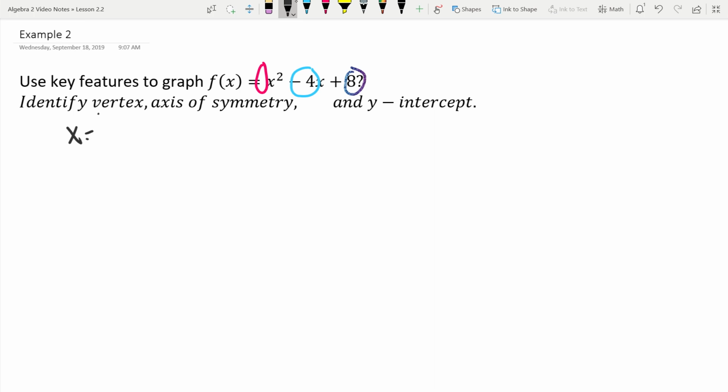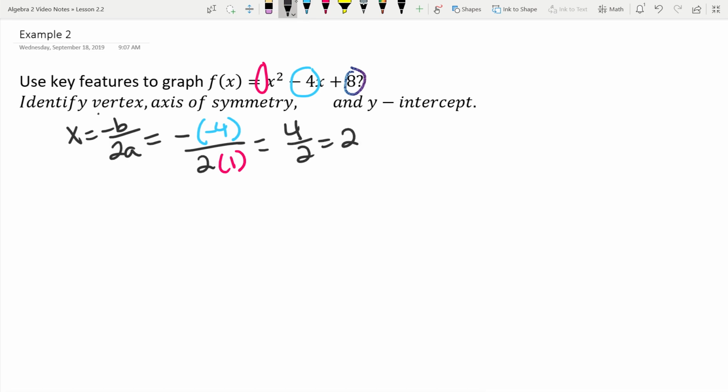So x equals negative b over 2a. We got negative, b is negative 4. A is positive 1. So we got 4 over 2, which is 2. So we got x equals 2, so our vertex is 2 for the x coordinate. Now we need to find y by plugging in 2 into the function f.